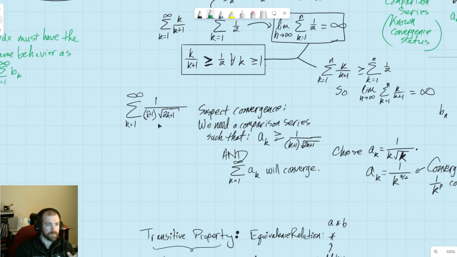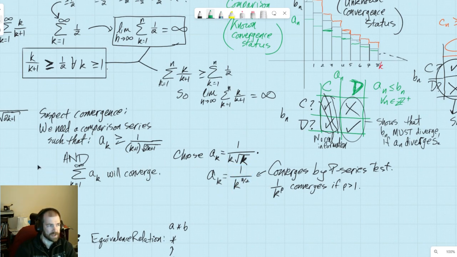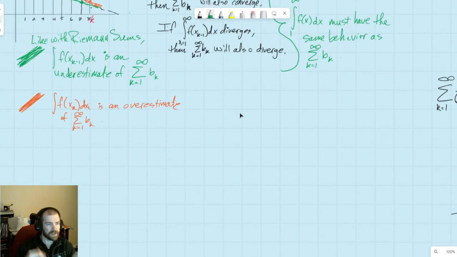You could try and do this one. We could do an integral test on this thing. The problem with this is we don't have the U substitution. I don't want to do that. However, this one over here is not bad at all. 1 over k to the 3/2 is a doable integral. This is just a power rule.